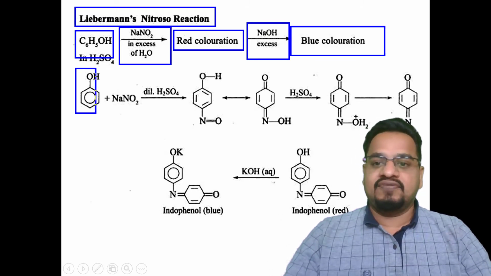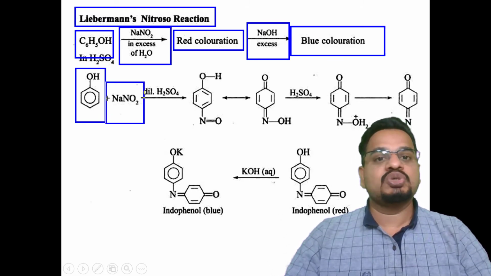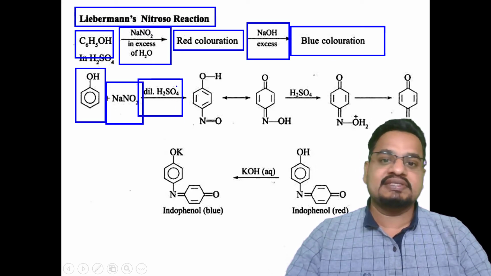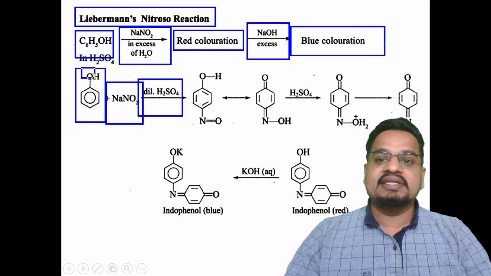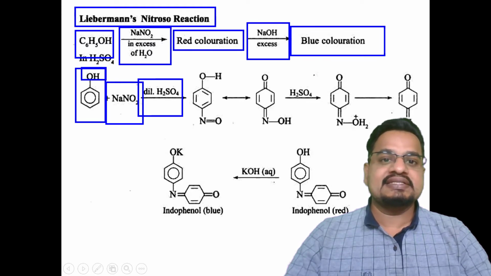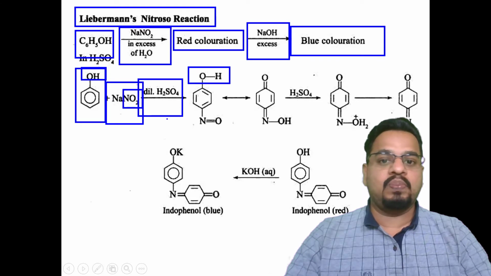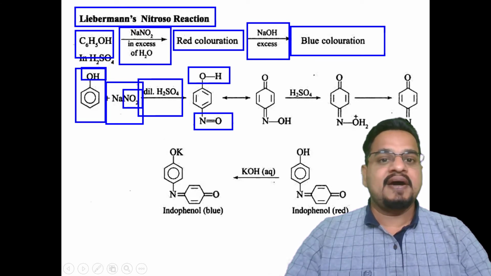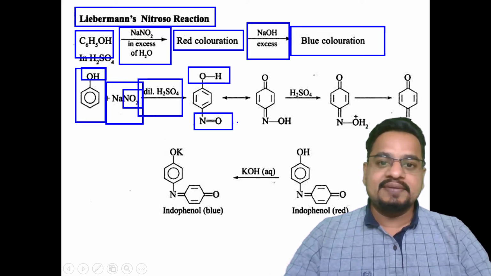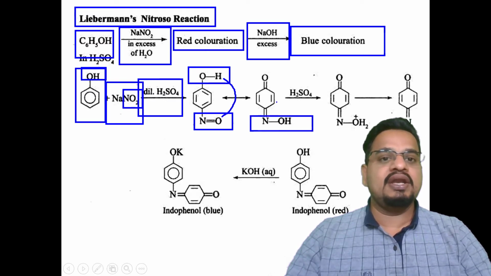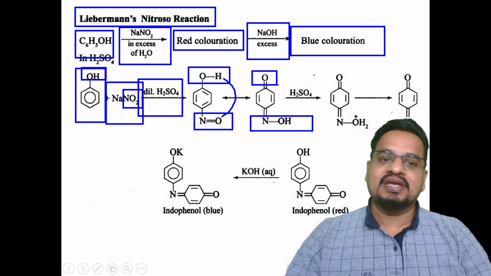What is happening? Phenol reacts with sodium nitrite NaNO2 in dilute sulfuric acid. See, this OH stays as it is, and the NO part attaches at the para position, and then the hydrogen shifts, forming NOH, and here a keto group.